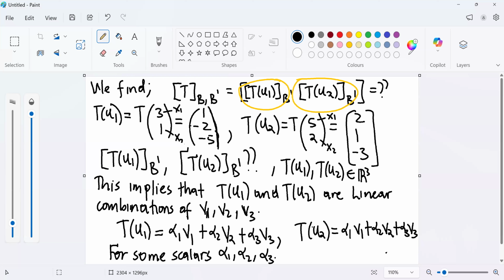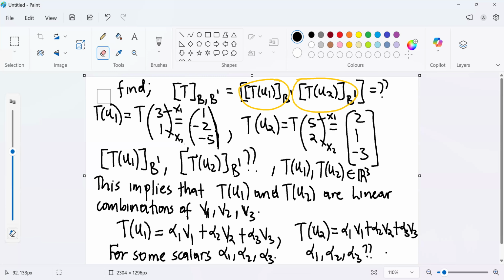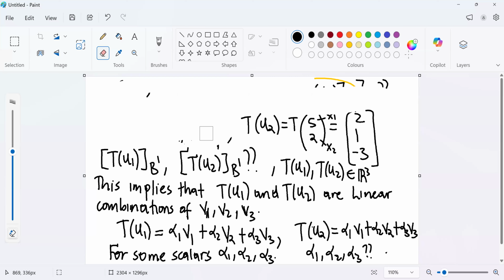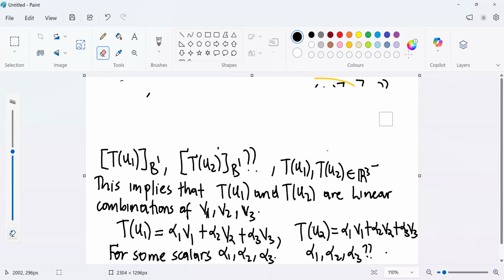So what is the key issue here? We find alpha 1, alpha 2, and alpha 3. We determine them. So now we substitute in those linear combinations and manipulate them. Look at the first linear combination where I have TU1.